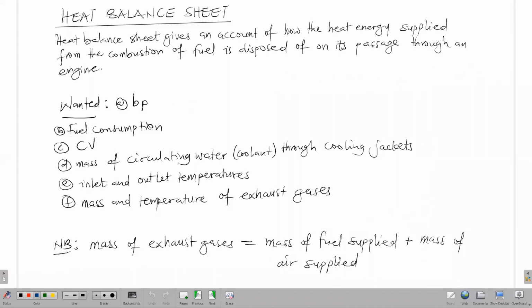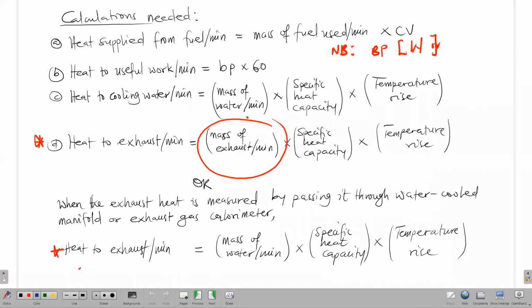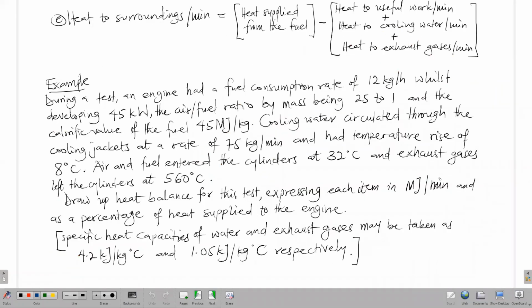For this to make a little bit of sense to you, I would suggest we take an example and then solve it together.